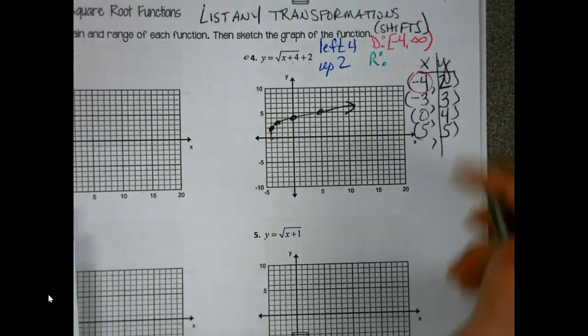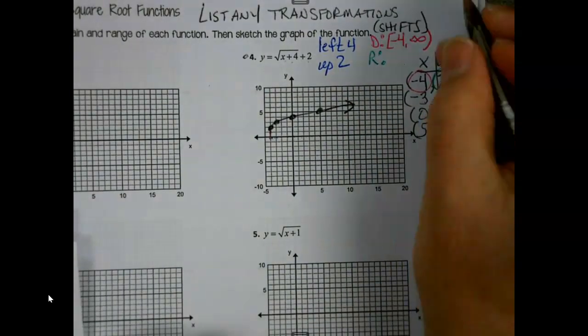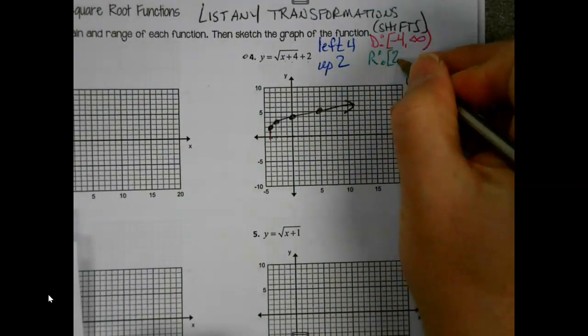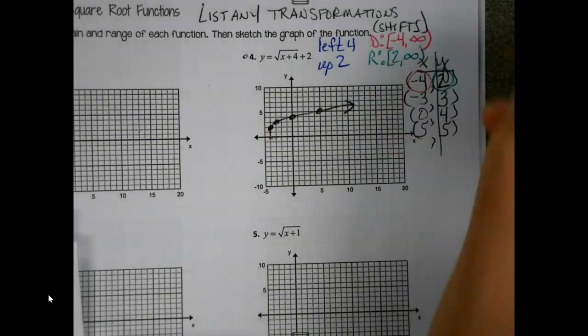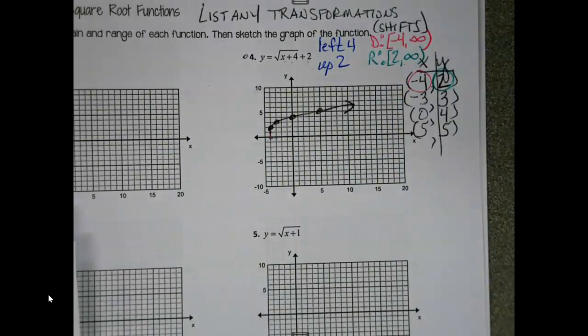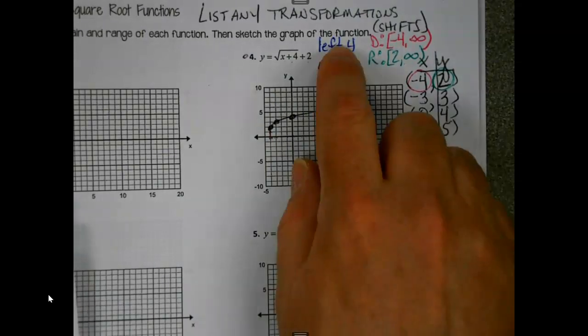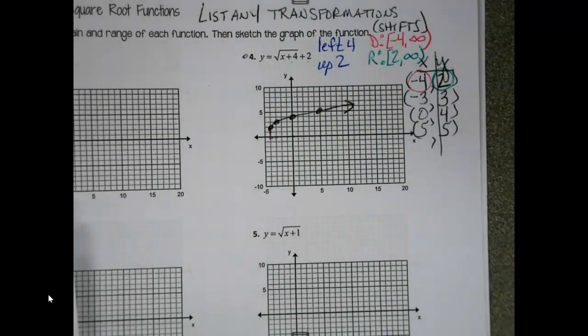Okay, they both work. Here's my y. My range starts at 2. So literally everything you need, except maybe for writing down the transformations, everything else will come straight from the calculator if you let it. So it shouldn't be too bad of a deal.